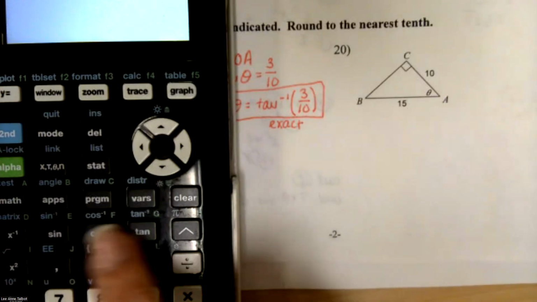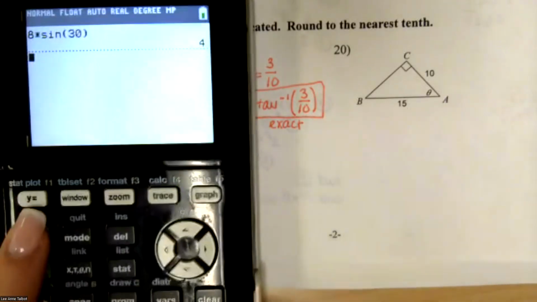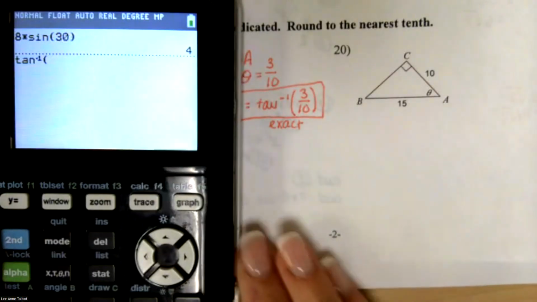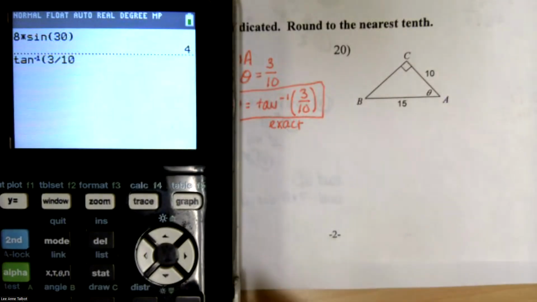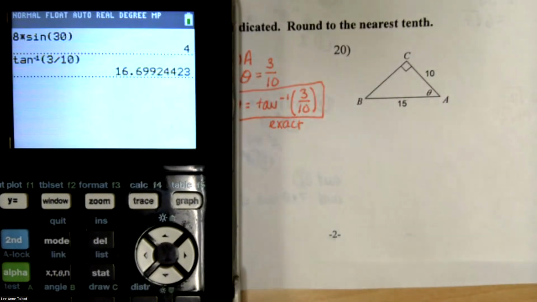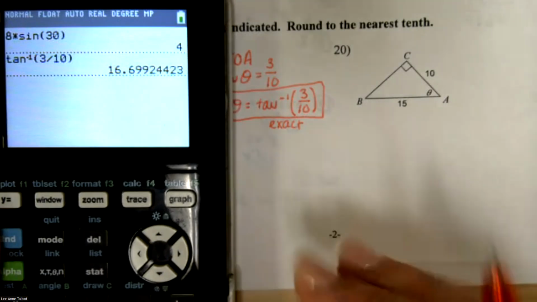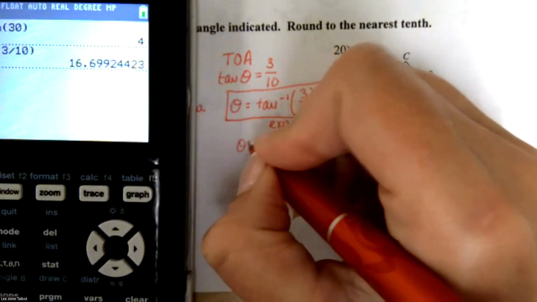So for the inverses, you have to hit second first. Tan inverse 3 divided by 10, 16.7 degrees.